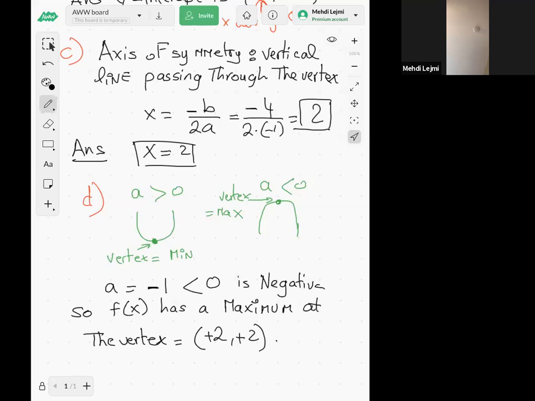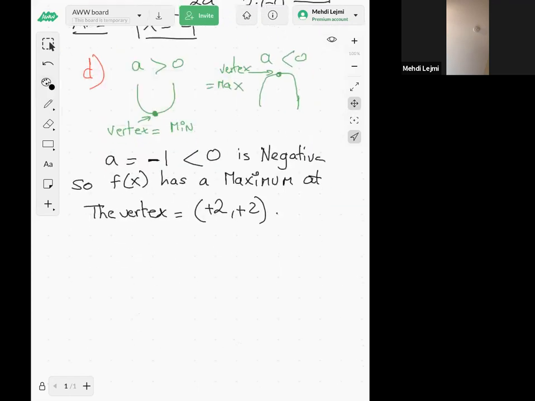So that's your maximum. We answered A, B, C, D. Now we're going to use A, B, C, D to sketch the graph of f. The last question is to graph f of x.